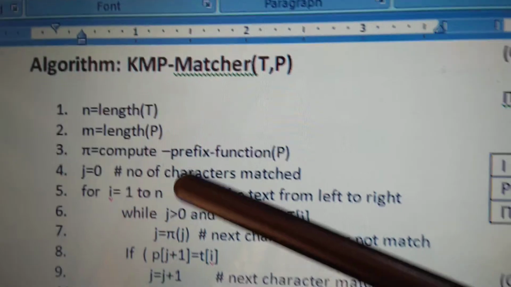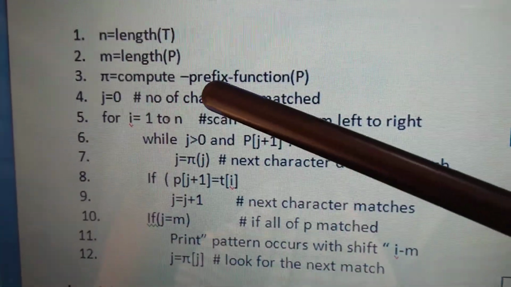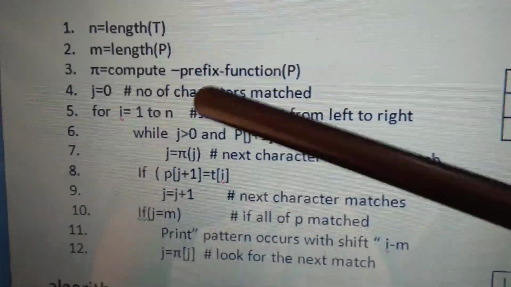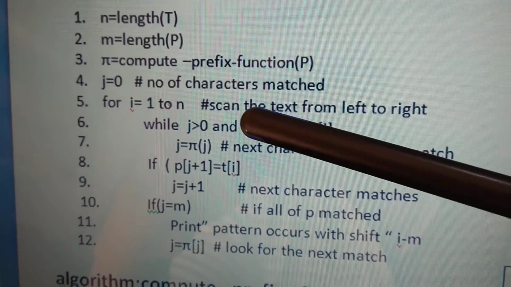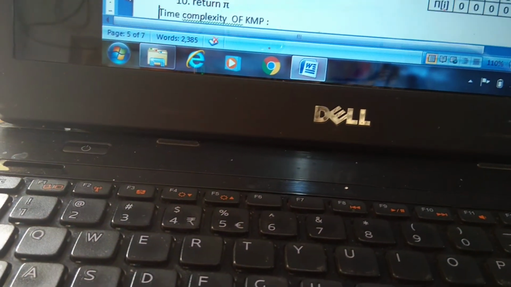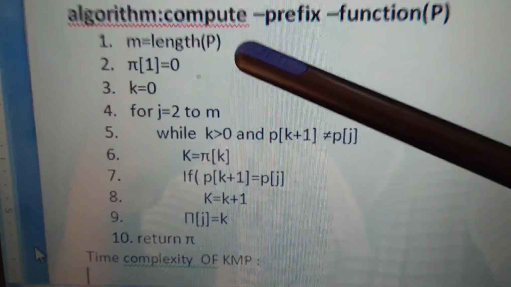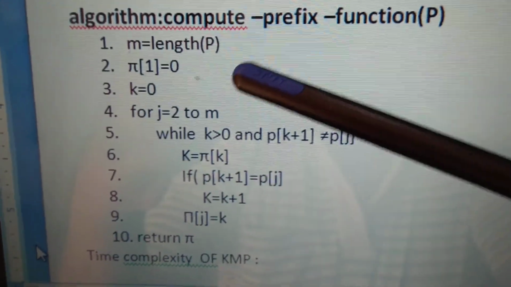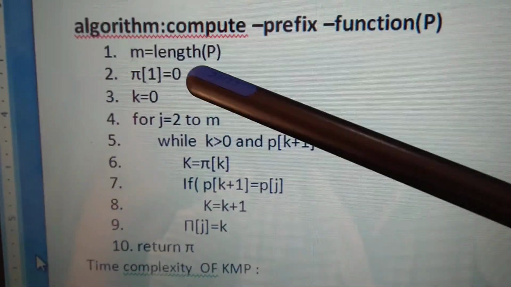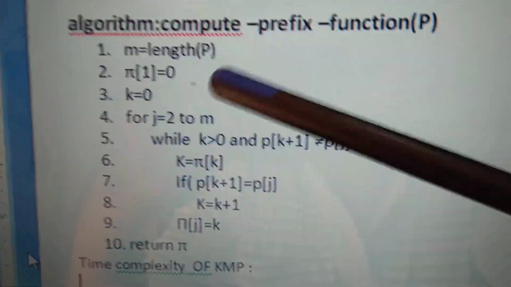In this algorithm we have a separate function to generate the pi table. We see that function, compute prefix function. This is the algorithm for generating a pi table. The pi table is generated for the pattern only, that's why m equal to length of p.